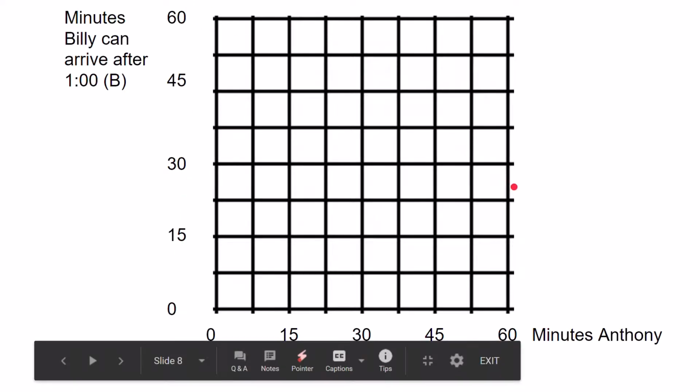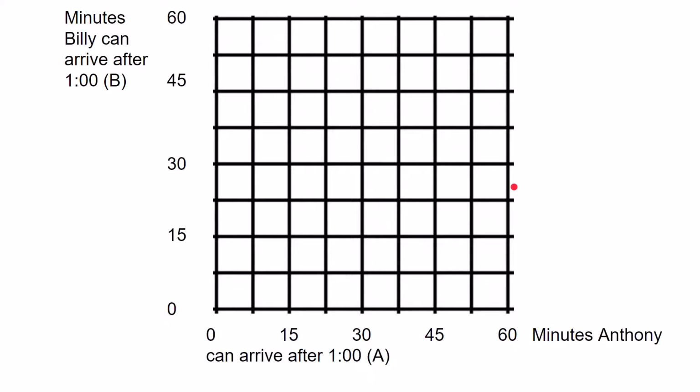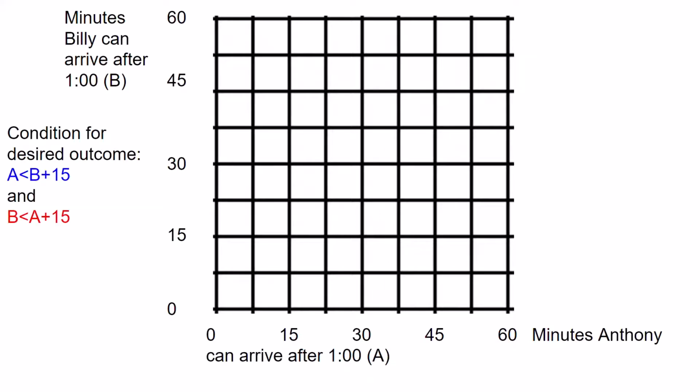And the condition that has to be met for the desired outcome is that A is less than B plus 15 and that B is less than A plus 15. When these two are met, we can know that Anthony and Billy can meet.